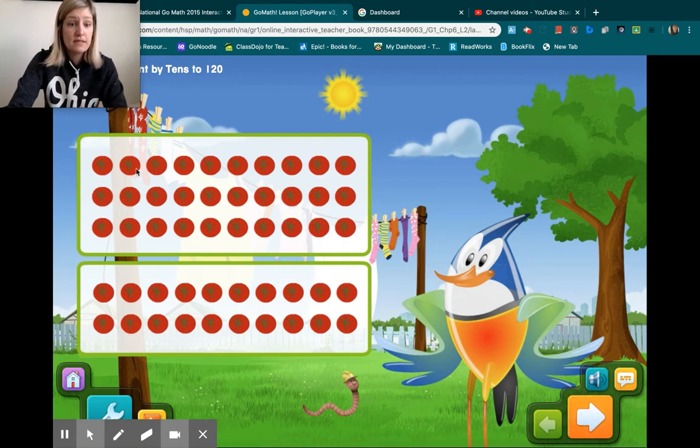Watch this, friends. 10, 20, 30, 40, 50. So if we know there's 10 in each row and we count by tens 5 times, we can get 50 tomatoes. Easy peasy lemon squeezy without having to count from 1 to 50. Let's see what else they've got for us.